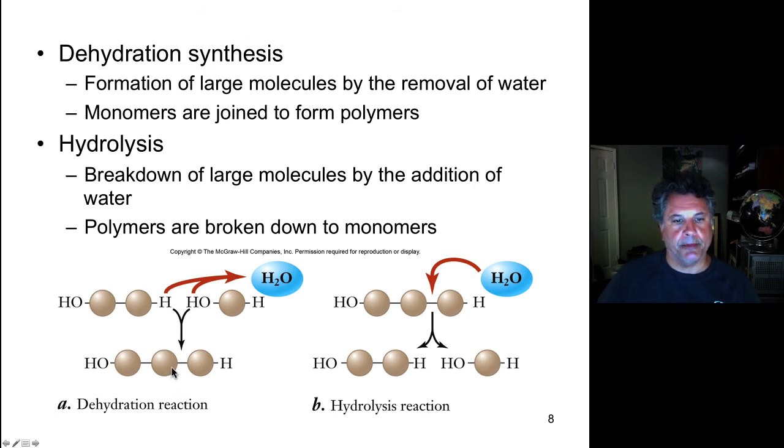For example, here are 2 molecules that are being linked together, and this carbon is being joined to that carbon, and what's being removed is 1 hydrogen, 2 hydrogens, and an oxygen, which form molecular water. So a dehydration reaction, that is, we're removing water, we're dehydrating.